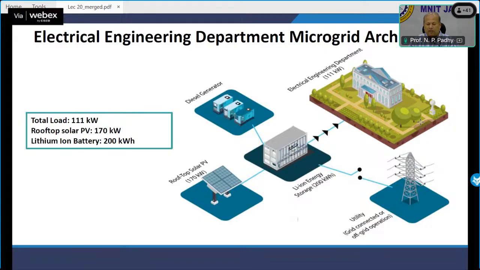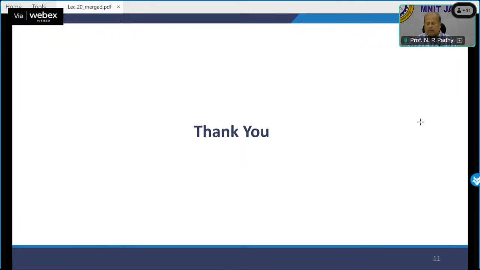Now, the very important part. This is a microgrid that you have seen, and we would like to justify the role of battery in this case. With this, we are coming to an end of the role of battery and how battery can be used for energy management or peak energy saving of any distribution system.